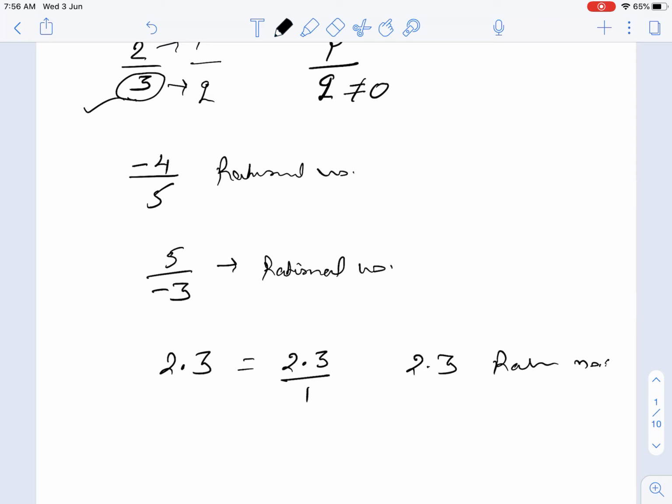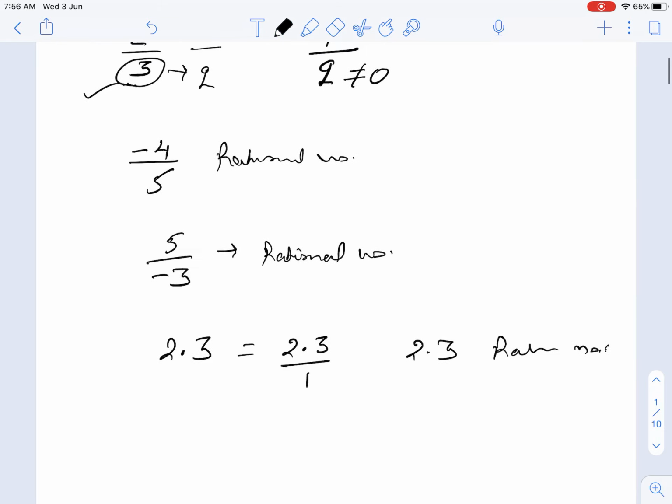Now let us consider another number, 0. Just now we have learned, if there is no denominator for a number, we can write it as 1. Now 0 upon 1 means that it can be represented in P upon Q form. Here the value of P is 0, Q is 1. Is it a rational number?